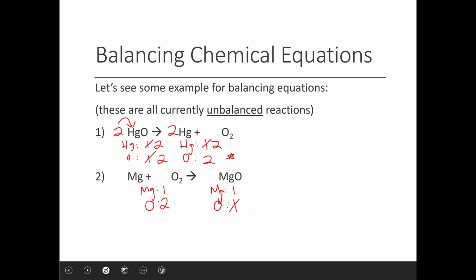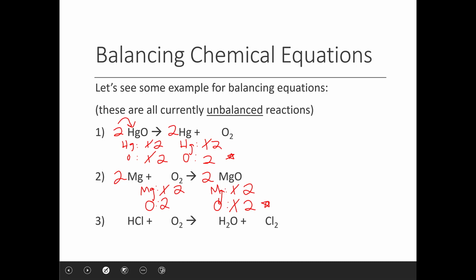So I know I'm going to need to get to 2 oxygens in order to make the oxygens balanced on both sides, which means I'm going to have to put a 2 here in front of MgO, magnesium oxide. Once I put that 2 in front of MgO, now that tells me I have 2 magnesiums on the right-hand side, so I'm going to need 2 magnesiums on the left-hand side. And I do that by putting a 2 coefficient in front of magnesium. So that balances this equation here.